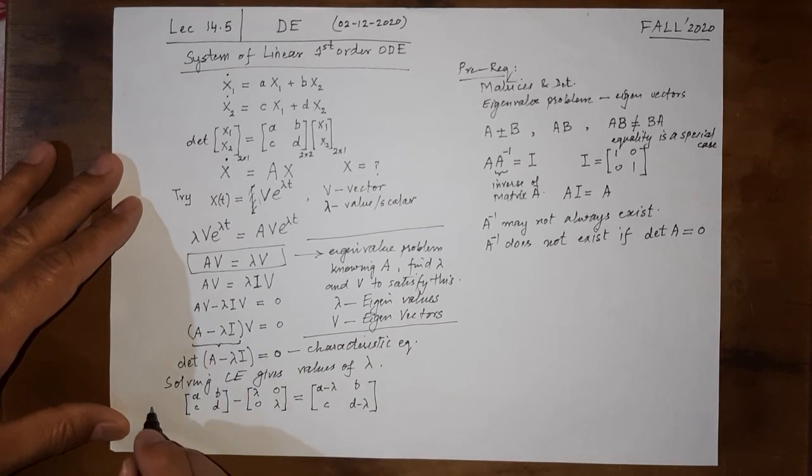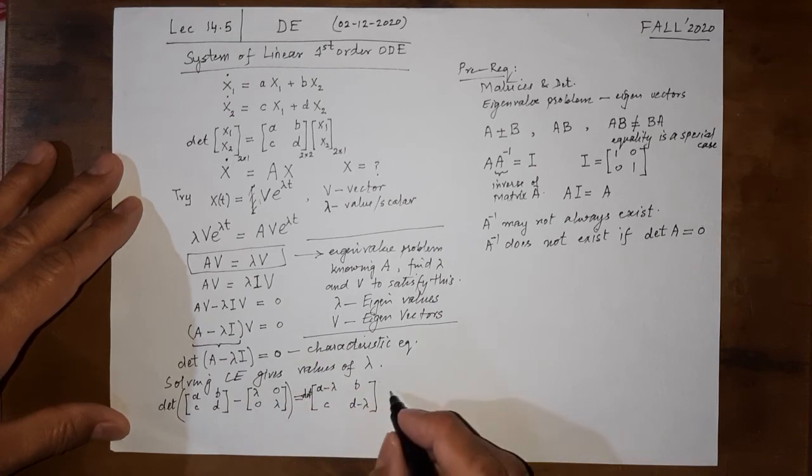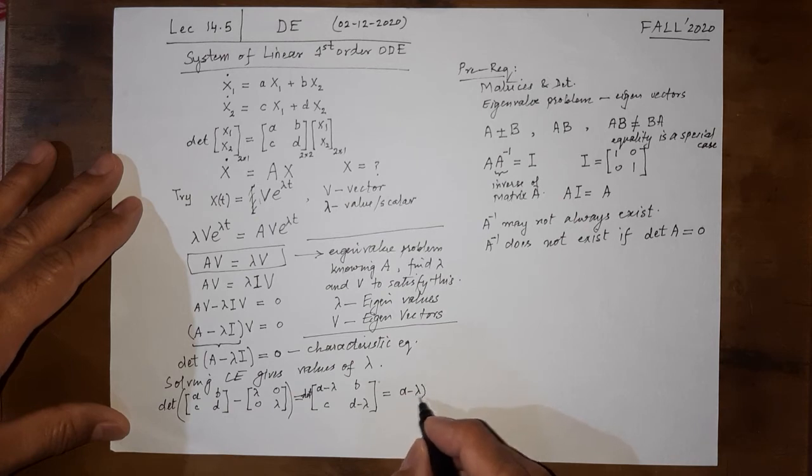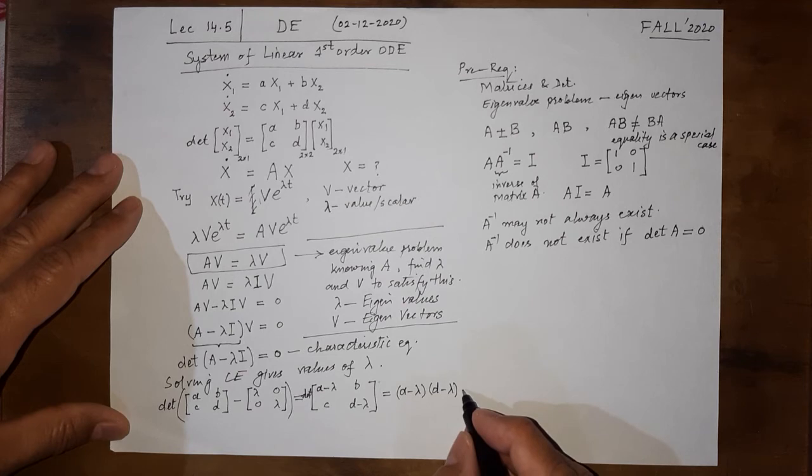So this is the case, and finding the determinant of this matrix, we are going to have (a minus lambda) times (d minus lambda) minus bc.